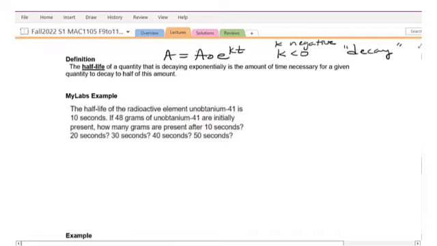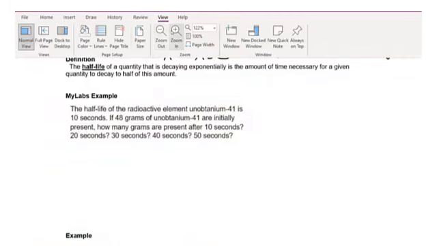Now, one of the things that we do in science is we talk about the half-life of a radioactive substance. And so you need to know what that means when a half-life is mentioned.